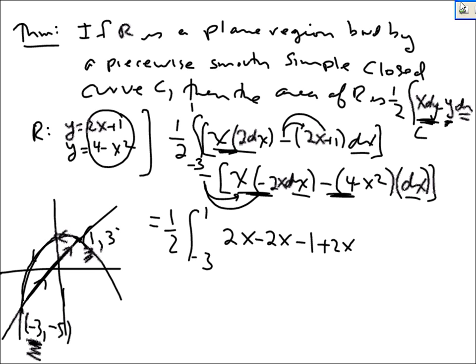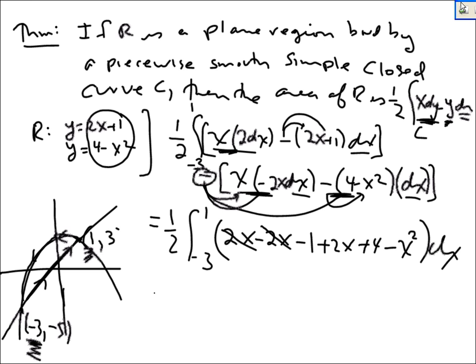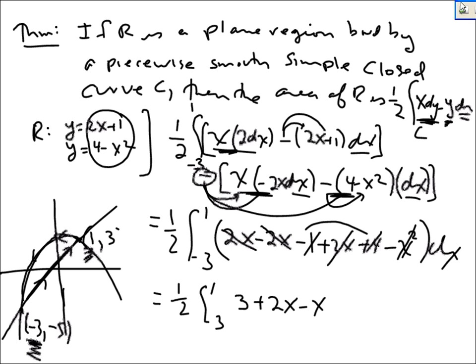This is minus 4, but I'm taking it away, so it becomes plus 4. I'm adding x squared inside there, but I have to take it away. Well, that of course cancels out, and you get negative 1 plus 4 is 3, plus 2x minus x squared dx. And that's exactly what you want to integrate.